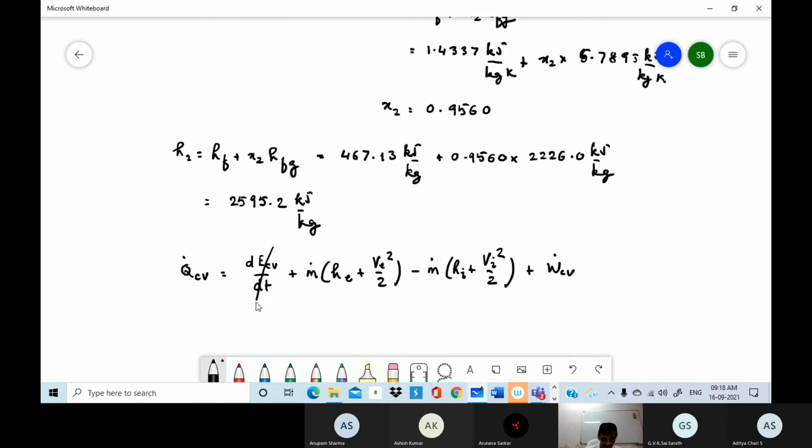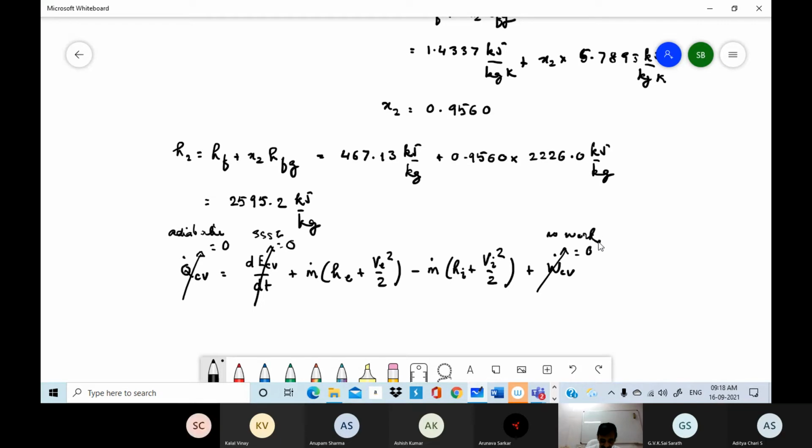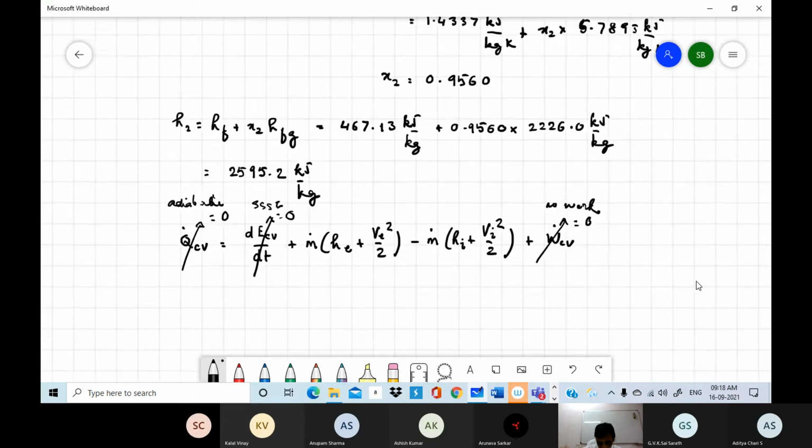So this is steady state, steady flow. This is equal to 0, adiabatic. And there's no work done in the nozzle. I'm assuming that changes in potential energy can be neglected.